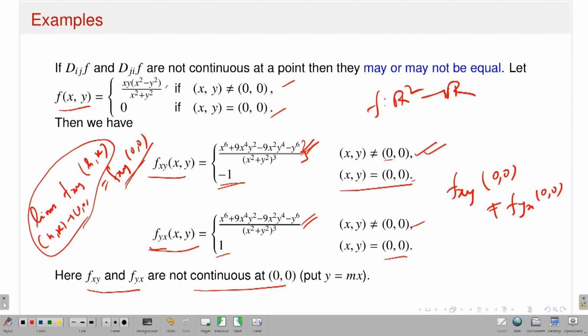Now, limit does not exist means what? I am approaching the origin. I already shared this kind of argument earlier. So this is my origin. Suppose the limit of the function exists at the point (0, 0); that means whatever direction I approach (0, 0) from, the value of the limit should exist and the values should be equal. Then only I can say that yes, the limit exists.